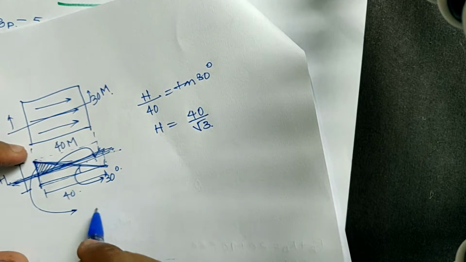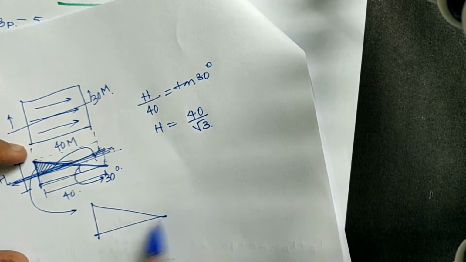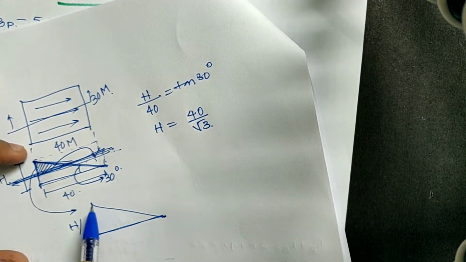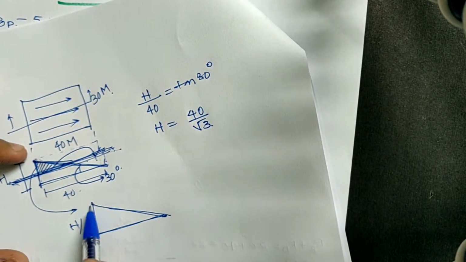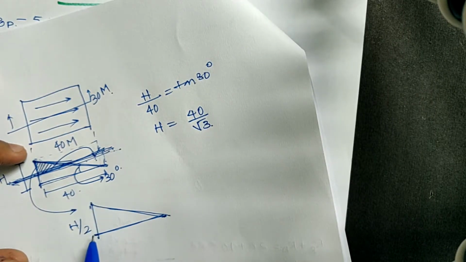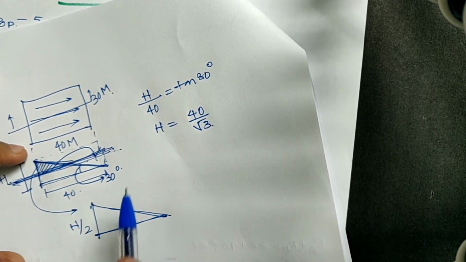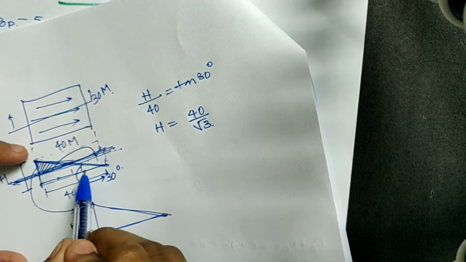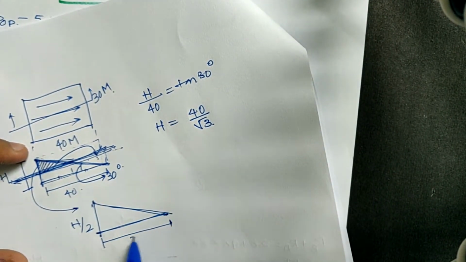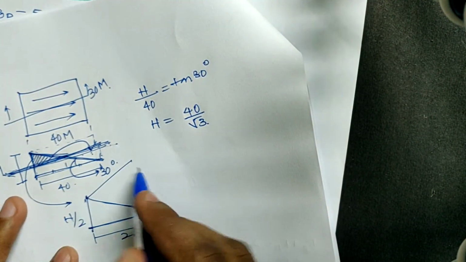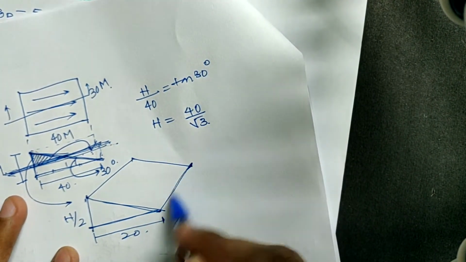If you see this triangle, this is H by 2. This is H by 2. And this thing lies in center. So this becomes 20.